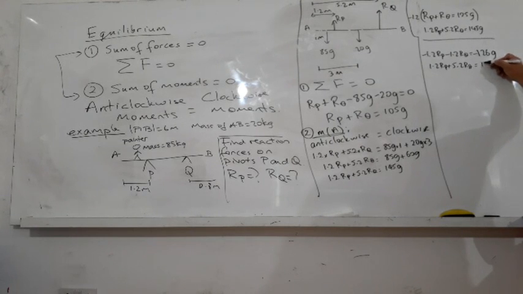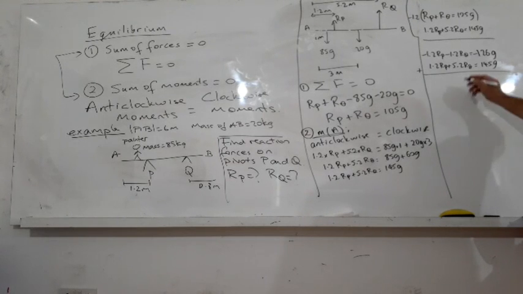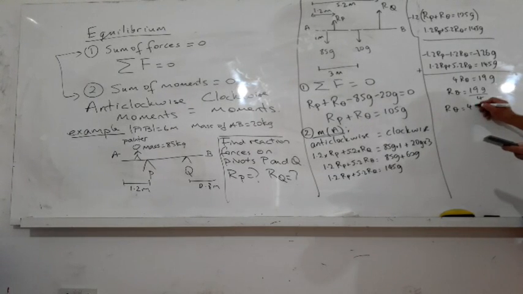Add them, RP is cancelled, and 4RQ is equal to 19G. RQ is equal to 19G over 4. RQ is equal to 19 times 9.8 divided by 4, a total of 46.55 newtons. Remember, these are the forces, and RP plus RQ is equal to 105 G.